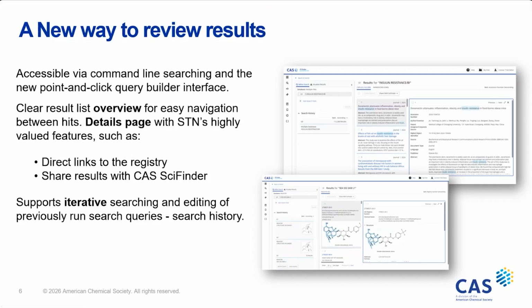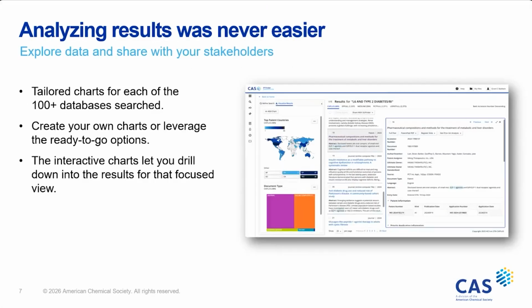Moving on, we also have introduced some rather attractive visualization capabilities that leverage the analyze function within STN. IP Finder now has the ability to point and click to select different charts or visualizations, which are quite attractive for giving you insights into your current result set or any other L number in your search.